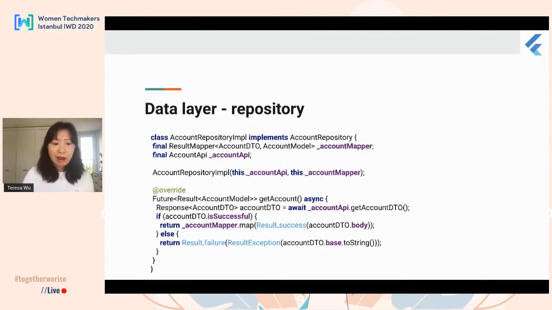So the layer above can request clean data without worrying where it was fetched or how it's been made. A repository is made of API service and the mapper. So here you will make request to server to receive data, to map it and to pass it on.